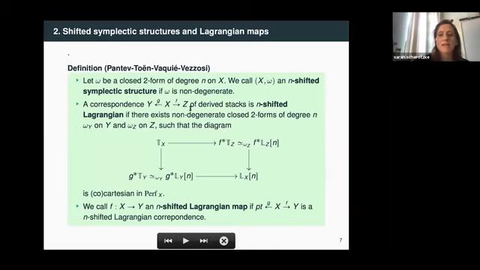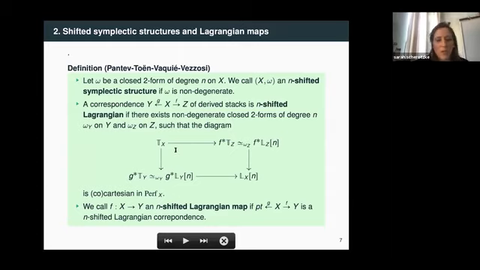And we will say that it is n-shifted Lagrangian if there exist non-degenerate closed two forms of degree n on the outside, so on Y and on Z, such that the diagram that we see here commutes.